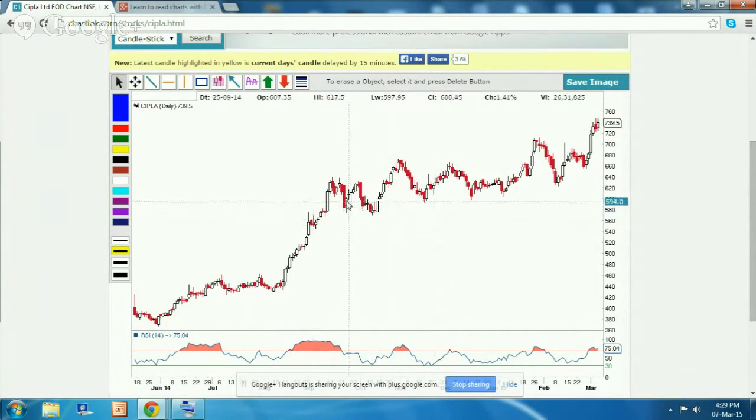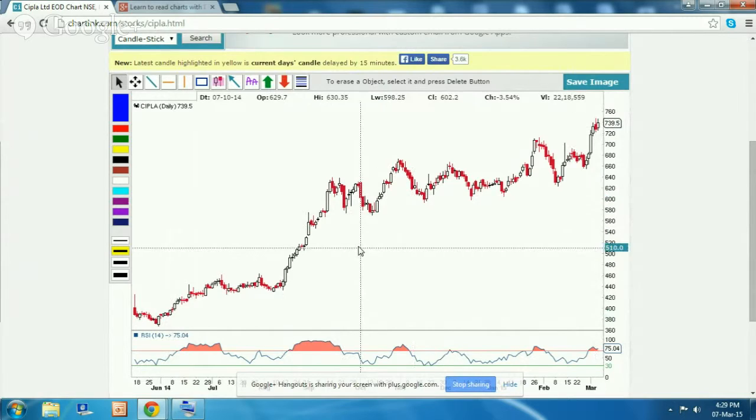And when you see a big red candle like this, which I'm pointing, it is a bearish candle. What it means is the close was lower than the open on that day. So this is a daily chart from June 14 till today.